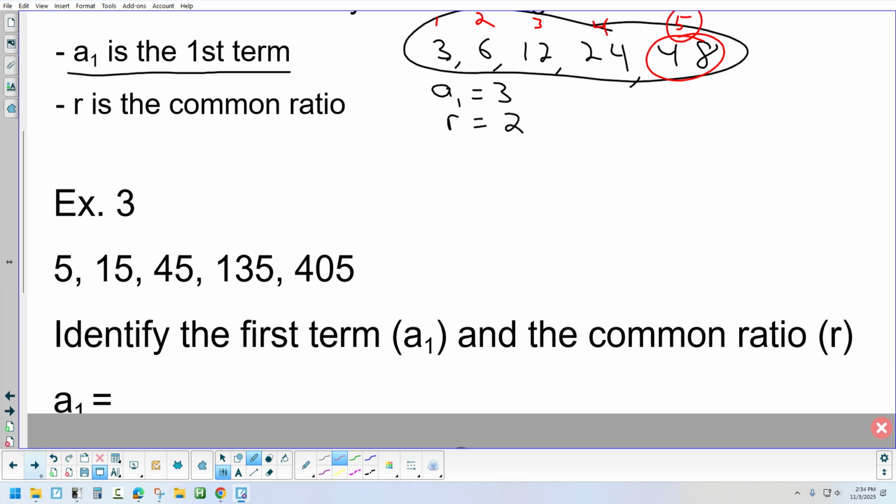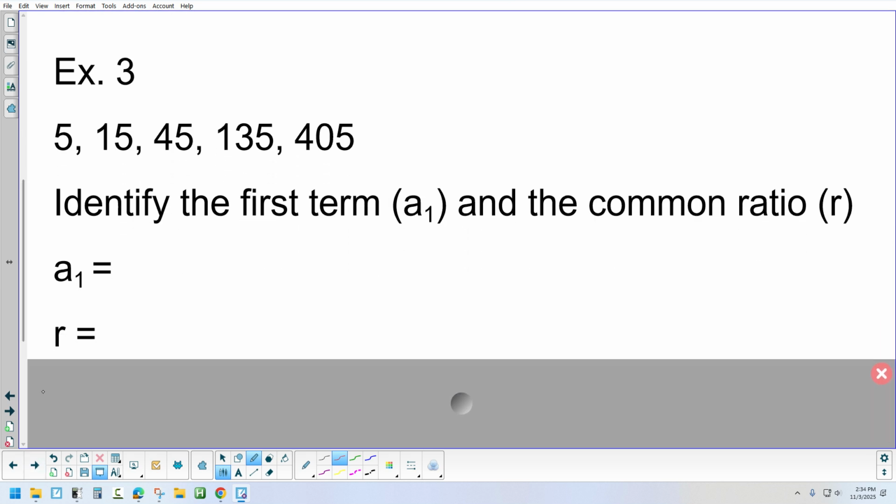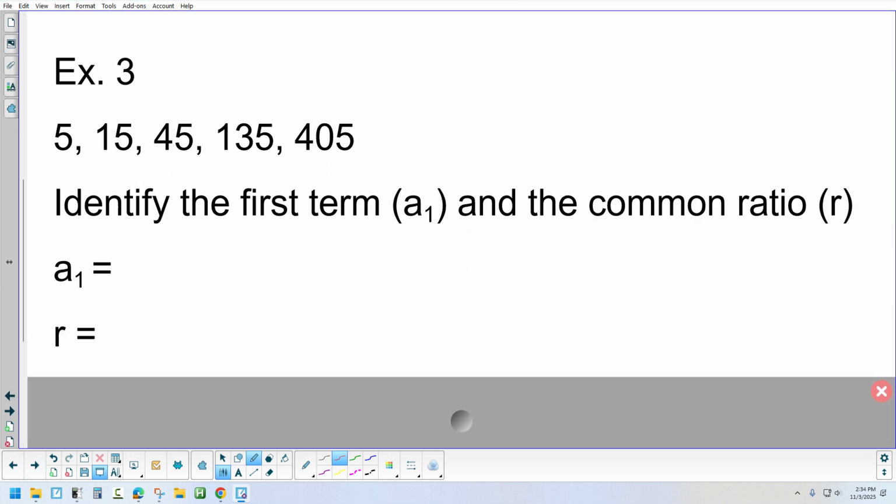Okay. Let's try this one. What's the first term in that list of numbers? Yep, 5. And what are you multiplying by each time to get from one to the next? Yep. 3. So now take your formula.